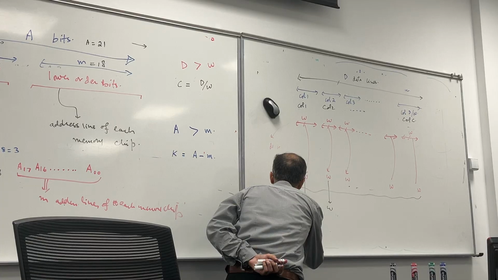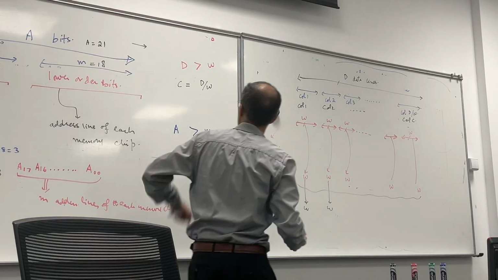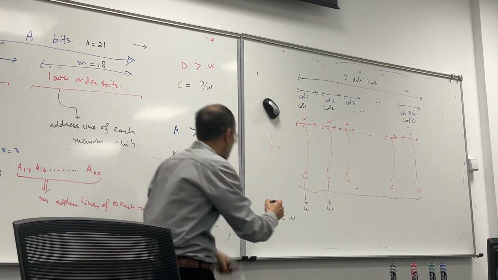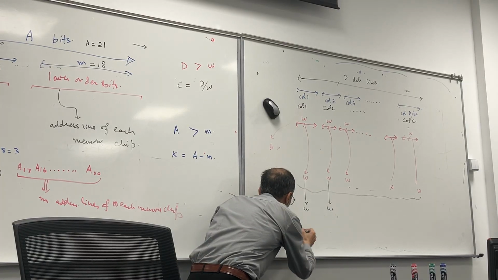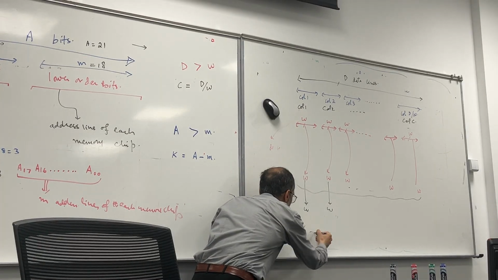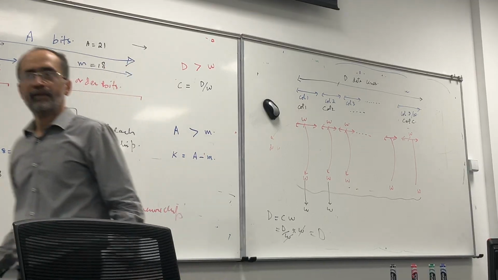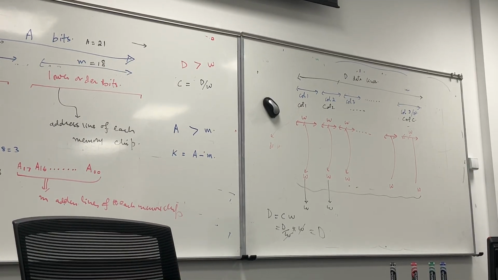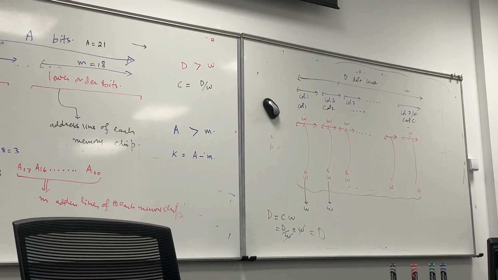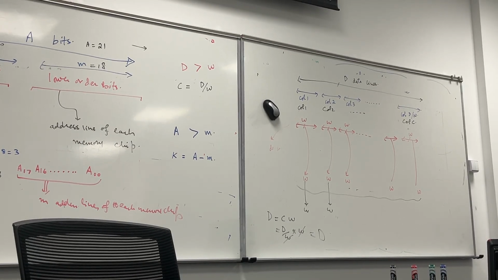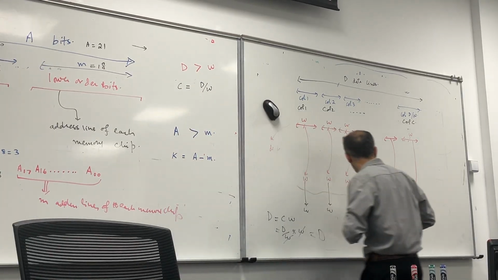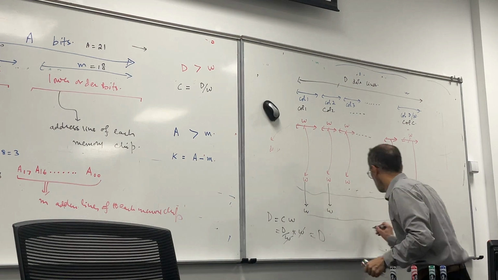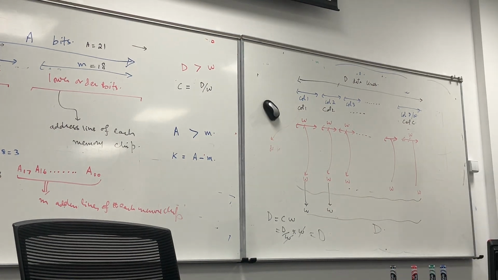D will equal C times W, and C is D over W, multiplied by W, so W cancels out and it will be equal. Clear? Each column will provide W bits, and there are C columns, and C is equal to D divided by W. So the total number of bits that will be provided to the microprocessor is now what? Any question?